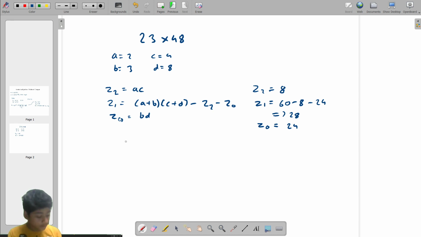We know that it is equivalent to 800 plus 28 into 10 plus 24, because this is the hundreds place, this is the tens place, and this is the ones place.